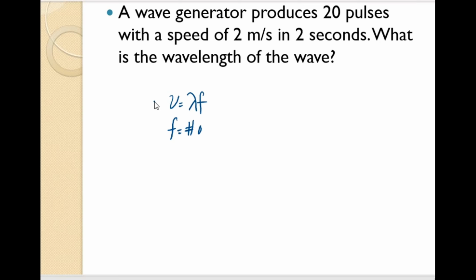Our frequency is the number of vibrations per unit time, or the number of pulses per unit time. That is equivalent to 20 pulses per 2 seconds. So the frequency that we have is 10 hertz.